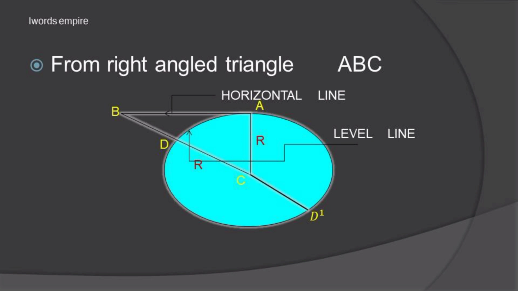That's why we have our level line. So from triangle ABC, as observed there, that is a right angle triangle, because when you drop tangent length, that is tangent length provides 90 degrees to radius of a circle.